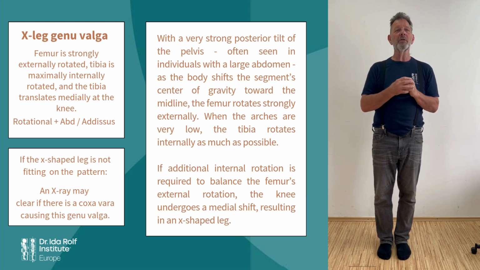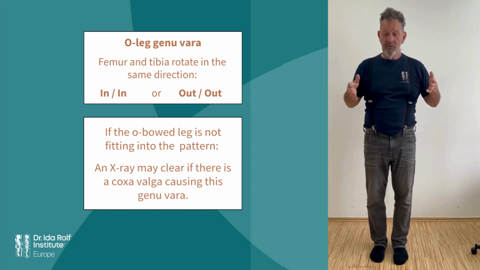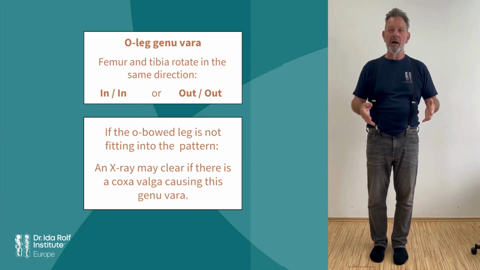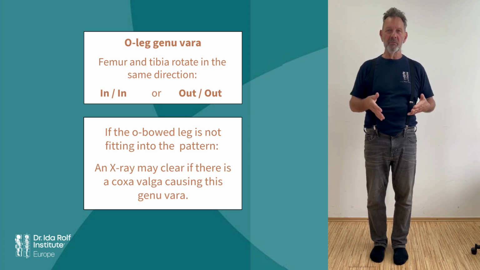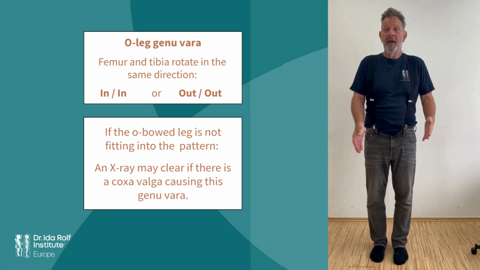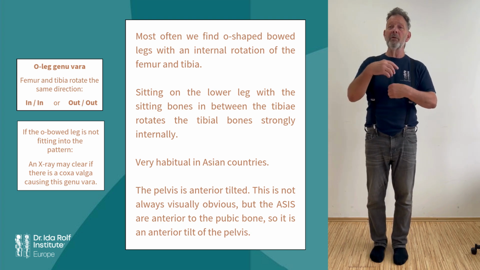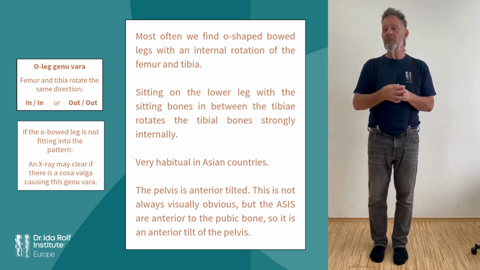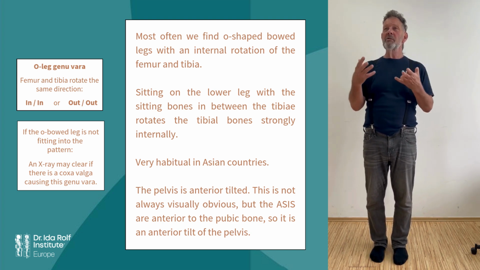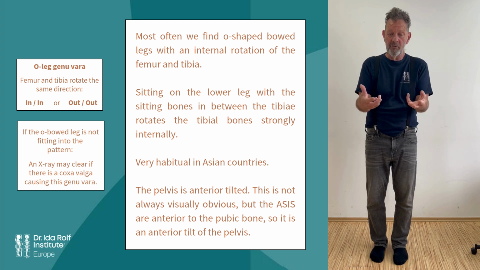Let's have a look at the O-bowed leg. In an O-bowed leg, femur and tibia are rotated in the same direction. That means we have internal O-bowed legs and external O-bowed legs, but both are O-bowed. So when the femur and the tibia both rotate internal, this happens very often if you're habitually sitting on your lower legs and the lower leg is rotated strongly internal.